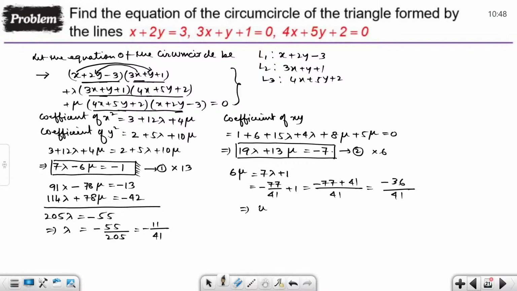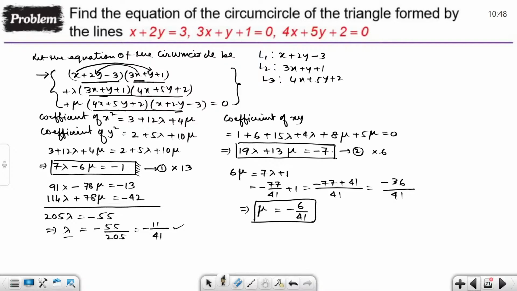Therefore, your mu is minus 6 over 41, right? So we got the value of mu, we got the value of lambda. Now we will simply replace this value of lambda and mu in this equation, and then we will multiply and simplify it to get the equation of the circumcircle. Is the modus operandi of doing this sum clear to all of us?